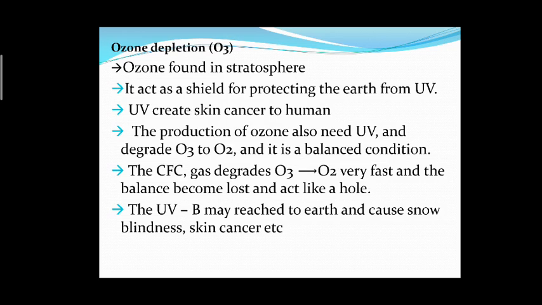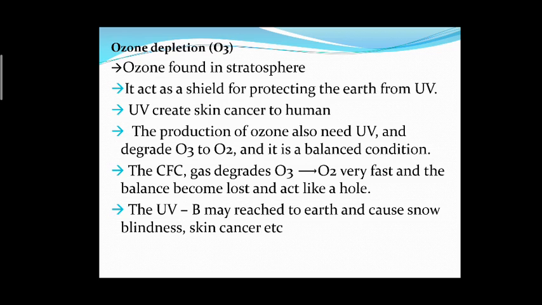The production of ozone also needs UV. That means the UV is utilized in the production of ozone, and depletion of ozone from Earth's activity is in a balanced condition.